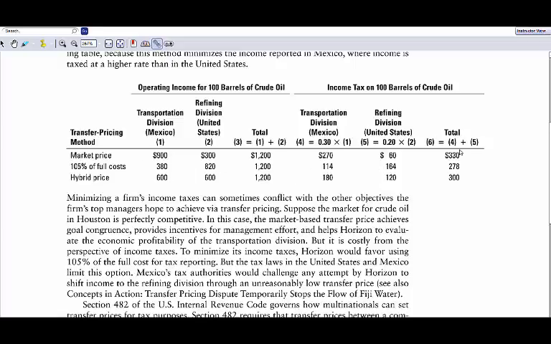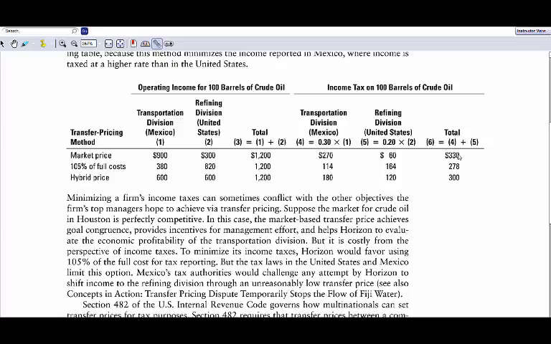Notice that in our scenario, it has the highest resulting income tax. Horizon might be able to successfully argue, however, that that transfer price should be set below the market price because the transportation division would incur no marketing, no distribution cost when selling crude oil to its own sister company, the refining division.